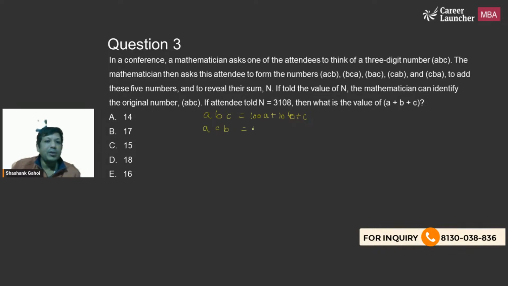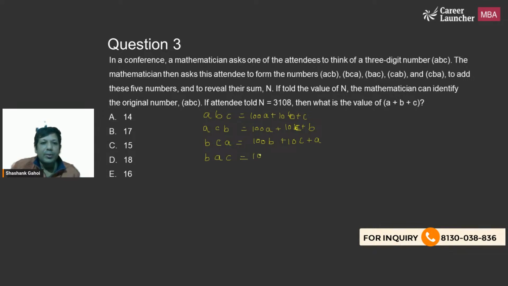So what is ACB? That is 100A plus 10C plus B. Then he asked people to write BCA. So what is BCA? That is 100B plus 10C plus A. Then he writes BAC.